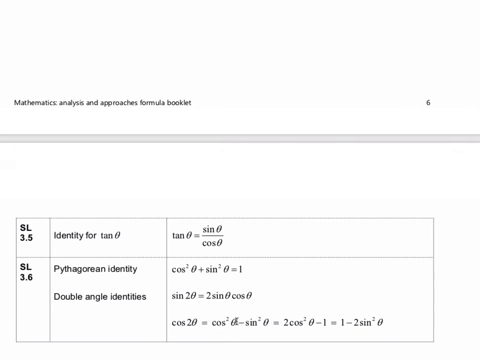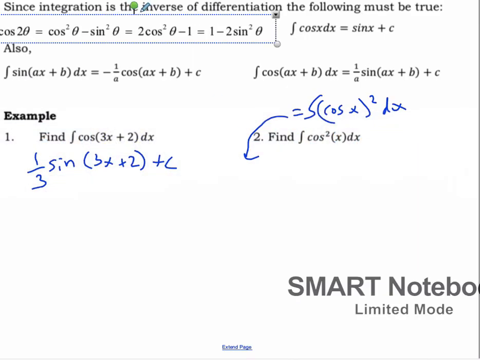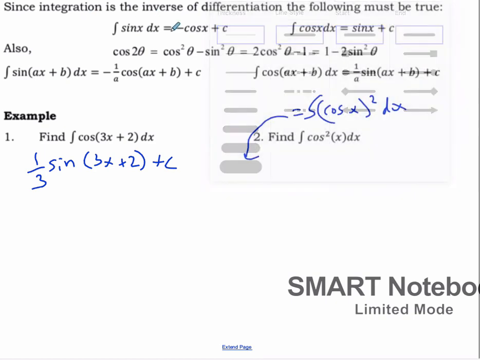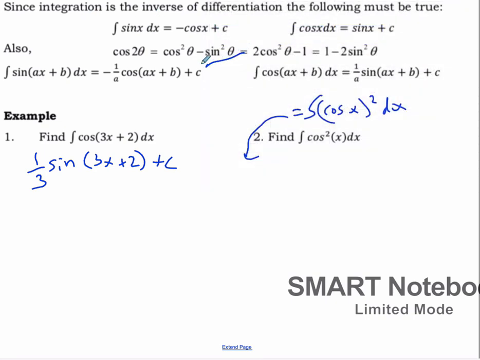Now you've got cosine squared here. You've also got a cosine squared here. So this one's the useful one because it's just cosine squared. So let me just take a screenshot of that. So let's use that now. You can rearrange it.